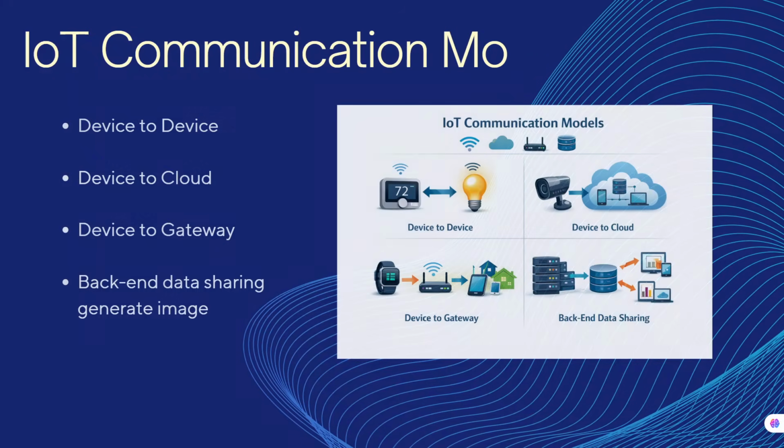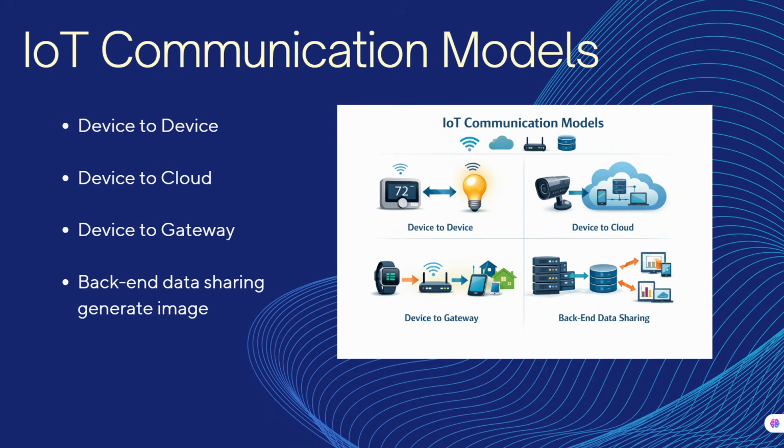Next, IoT Communication Models. In this slide, you can see four different communication models. In the first image, devices communicate directly with each other. This is called device-to-device communication. In the second image, devices communicate directly with the cloud.